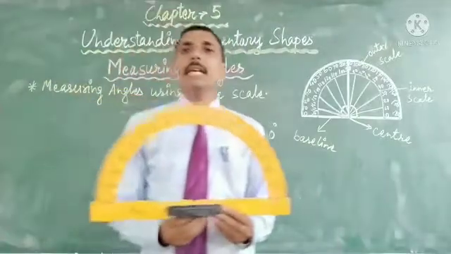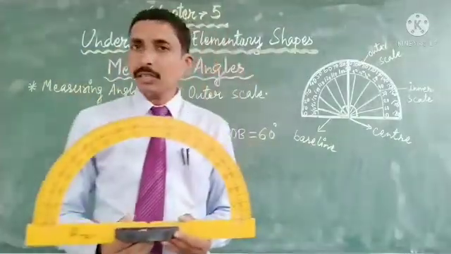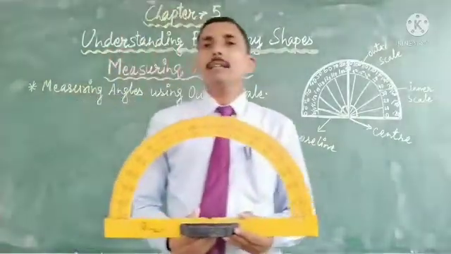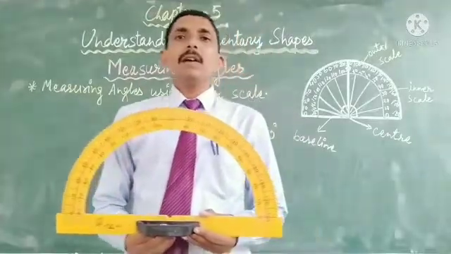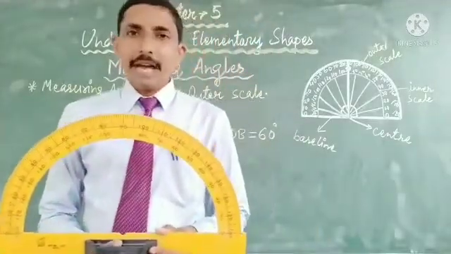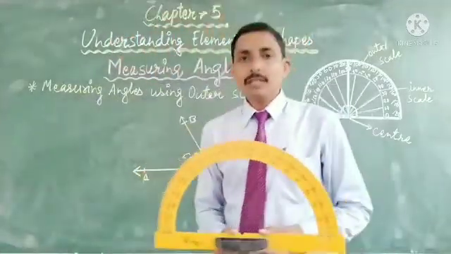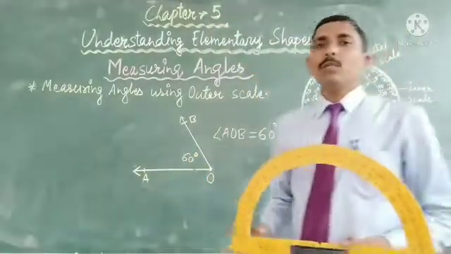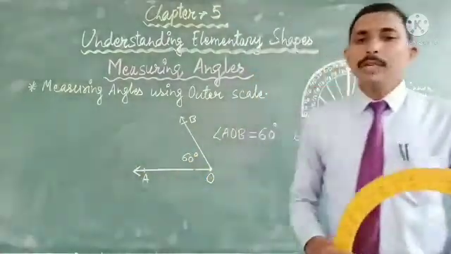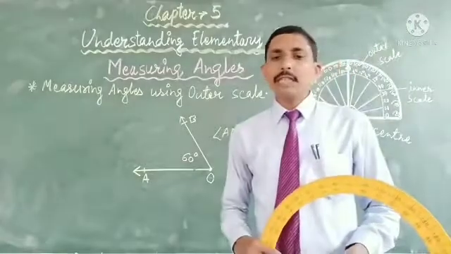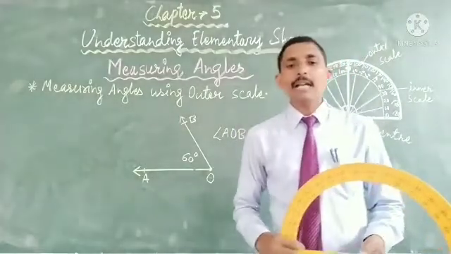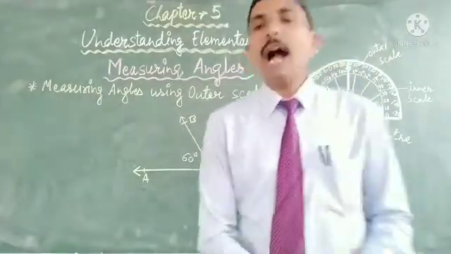The inner scale is anti-clockwise direction and the outer scale is clockwise direction. After that we have to know how to measure angles using the inner scale and using the outer scale.